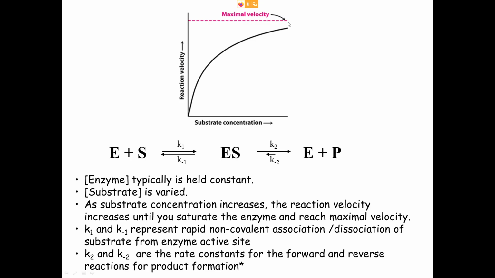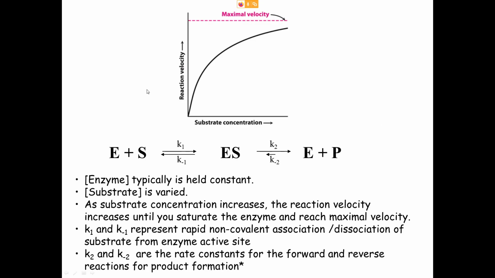It's still going up, but the increase becomes extremely small, and if I ever could reach infinity, or saturating amounts of substrate, the reaction will go as fast as it possibly can go. We'll call that the maximal possible velocity, or Vmax. It's the rate of conversion of substrate to product I can achieve given an infinite amount of substrate and a fixed amount of enzyme.